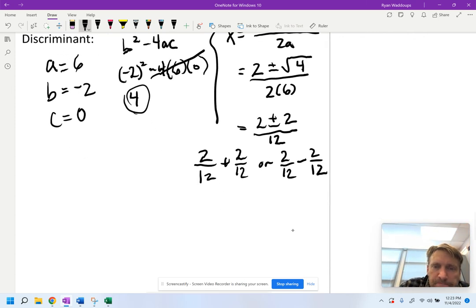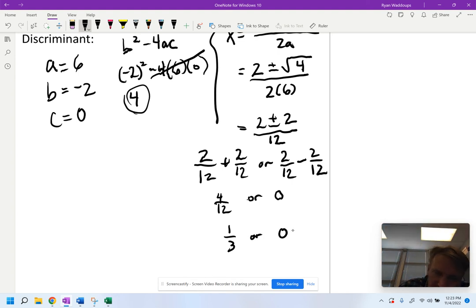And 2 twelfths plus 2 twelfths is 4 twelfths. But 2 twelfths minus 2 twelfths is just 0. And 4 twelfths can simplify. You can divide both 4 and 12 by 4, so this becomes 1/3 or 0. So those are our two solutions.